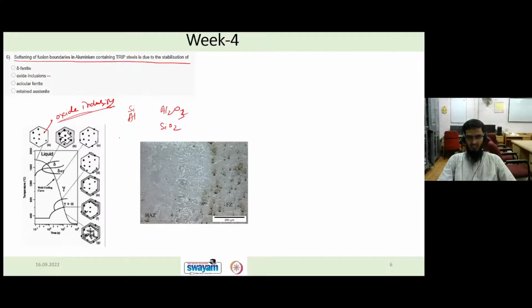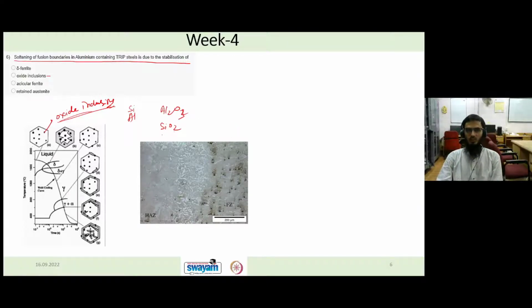In case of aluminum containing TRIP steel, when the fusion zone gets solidified, partitioning will be happening. Aluminum is the only element which partitions towards the solid. Usually the element will try to partition into the liquid because of its more solubility in the liquid than in the solid.